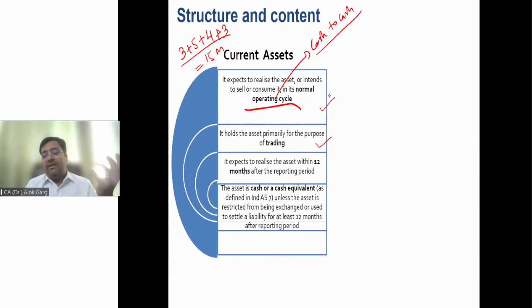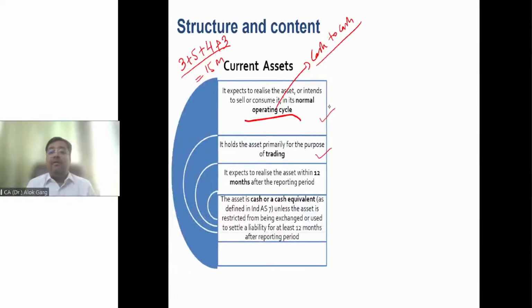Cash or cash equivalent is not defined in Ind AS 1, it is defined in Ind AS 7. And what is the definition of cash and cash equivalent? It says that cash and cash equivalents are highly liquid investments.